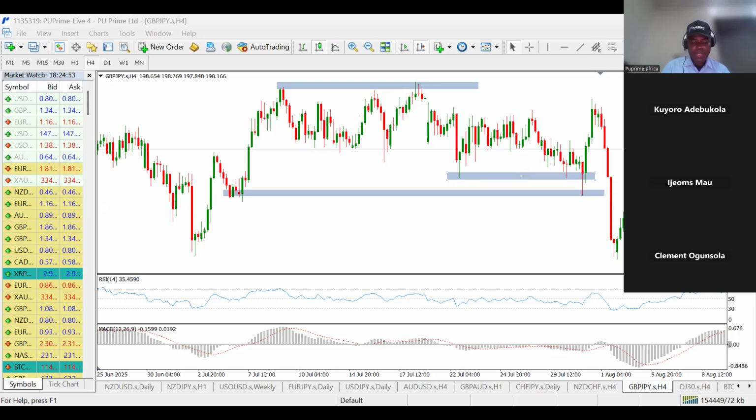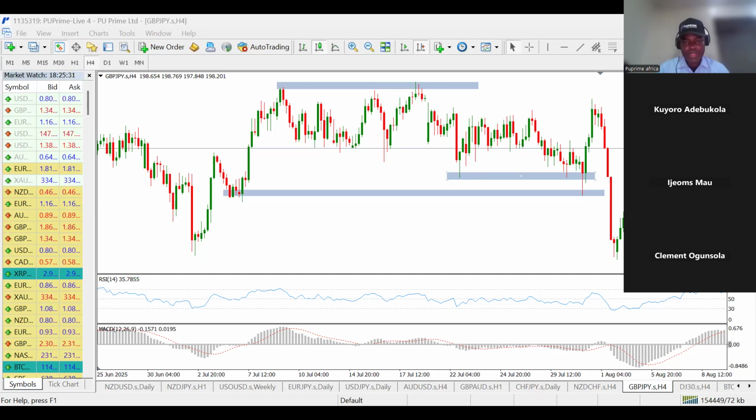We looked at the bearish engulfing candlestick. We looked at the doji. And we looked at rejection candles, pin bars.